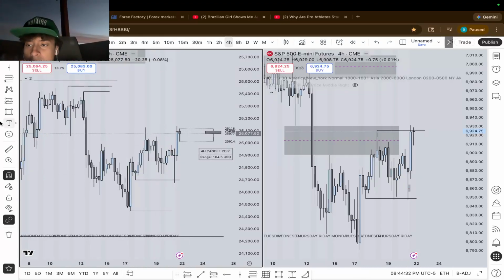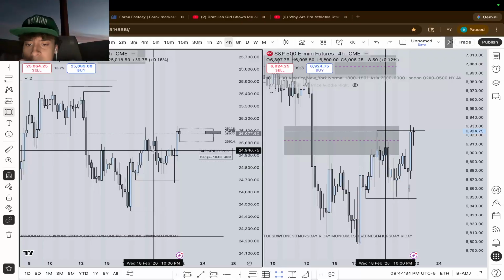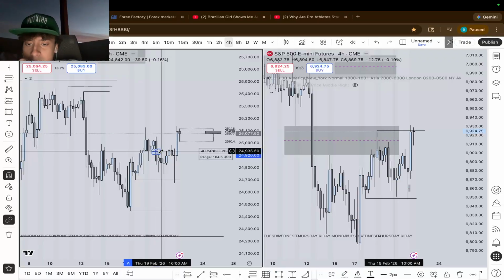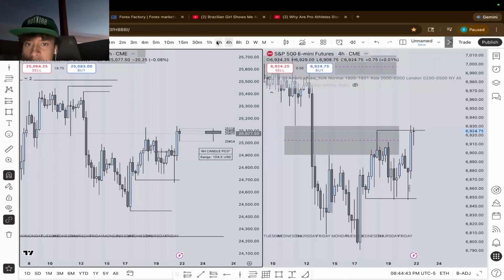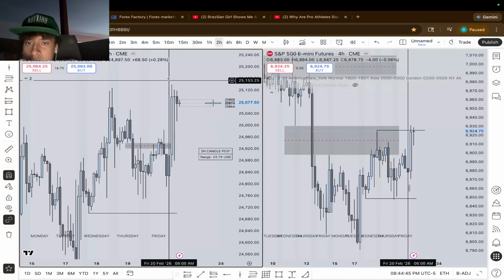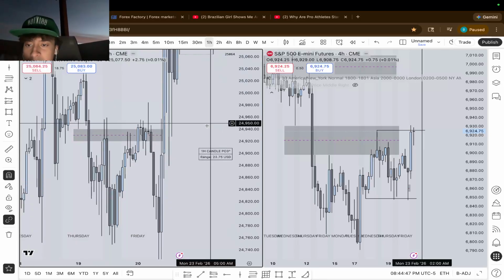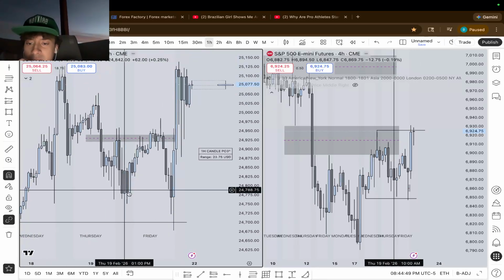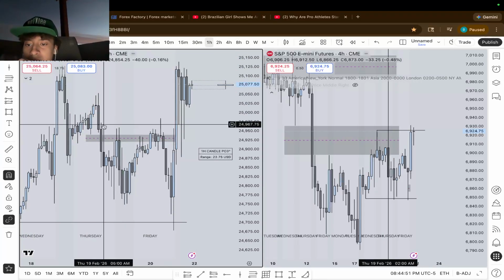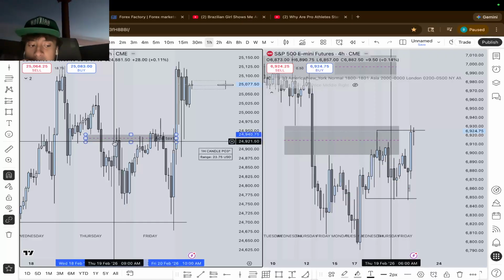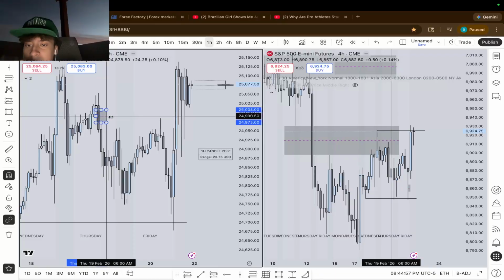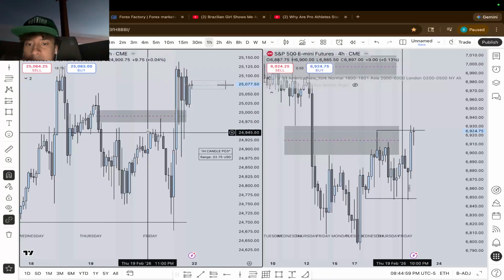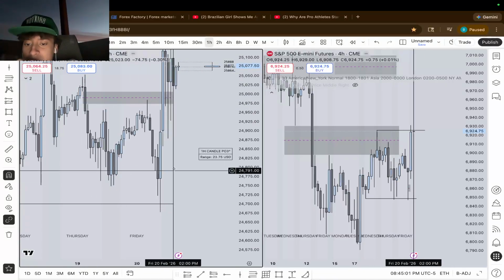Now, going into today, I had marked this 4 hour sell side imbalance and these 2 hour or 1 hour imbalances as well. Because to be bearish, I would want to see price at the very highest condition-wise respect these areas and react off of it so we can get sent down lower.